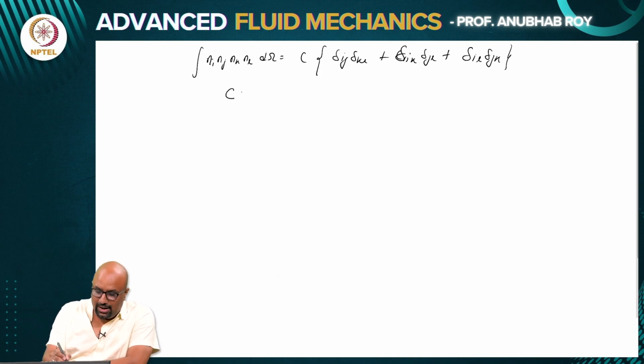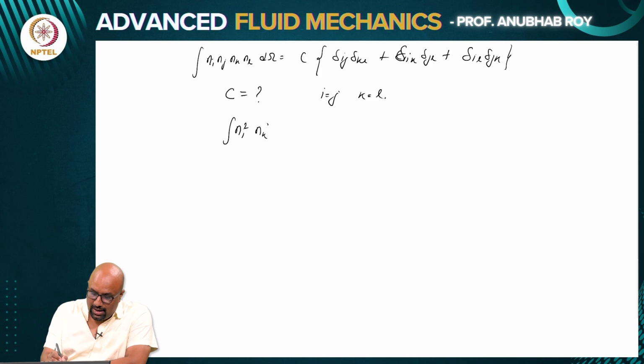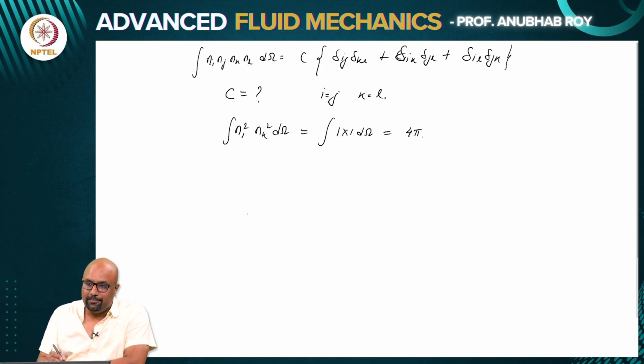You can basically apply the same idea, that let's choose i equal to j, k equal to l. If I do that, then this becomes ni square nk square d omega, which again we saw earlier is 1 times 1 d omega, they are unit normal, so it becomes 4 pi.